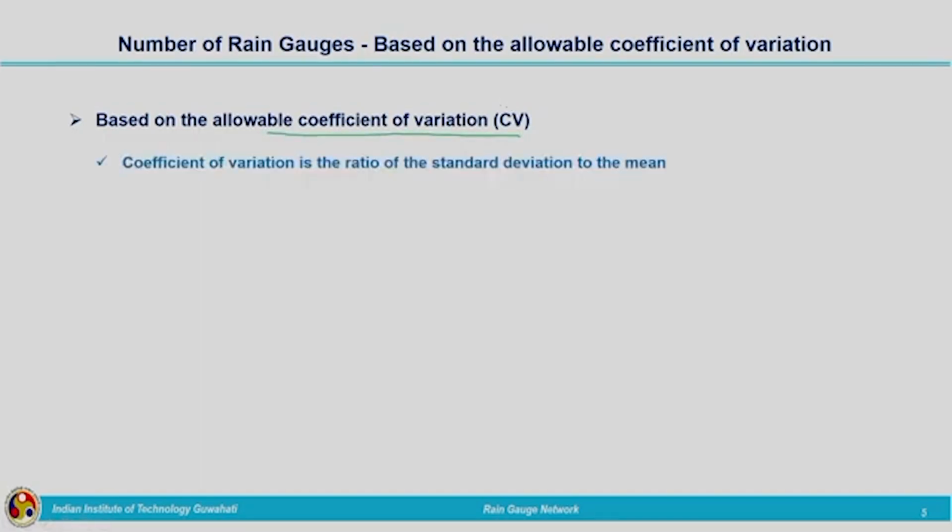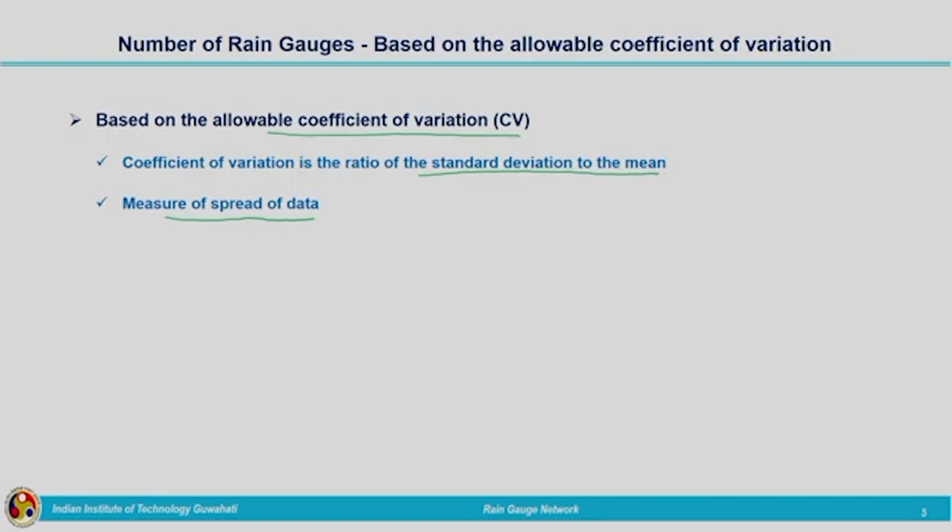Coefficient of variation is the ratio of the standard deviation to the mean. So, this gives us an idea about the dispersion in the data. It gives us some idea about the spread of the data, how much dispersion is there in our data set.